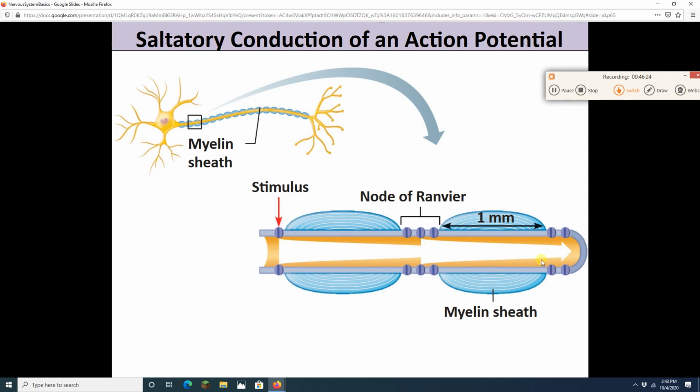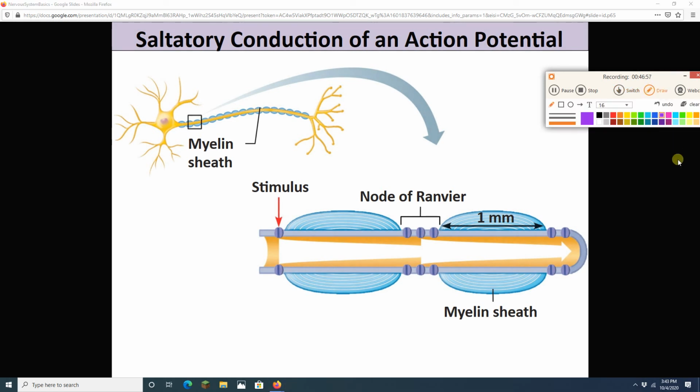So we don't have to depolarize every single spot on the membrane. Instead, we're only depolarizing and, of course, repolarizing and hyperpolarizing the spaces that are uncovered by the Schwann cells. In other words, our three events are only happening at the nodes of Ranvier instead of happening at every single spot. This is called saltatory conduction.